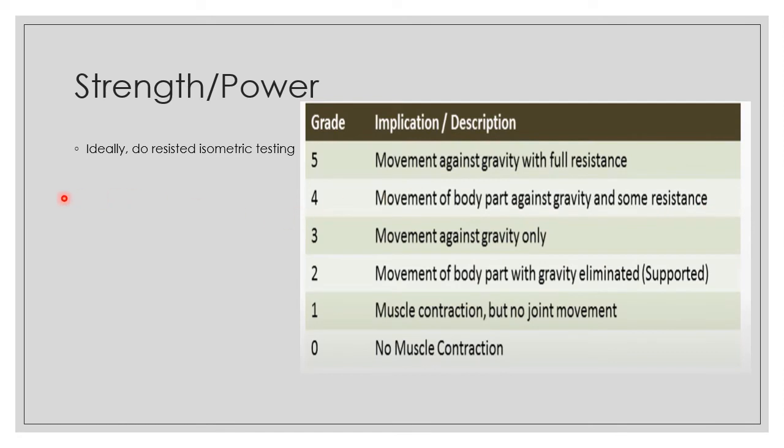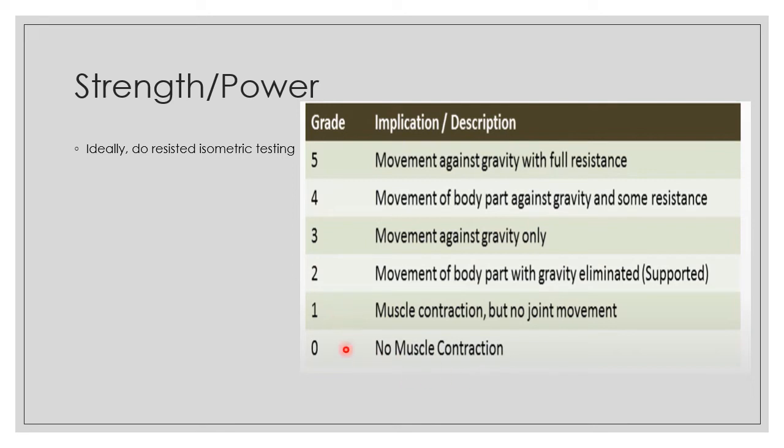For strength or power, we ideally do assisted isometric testing. You ask the patient to move against your resistance. We give the following grades.